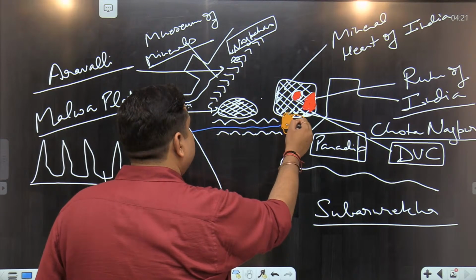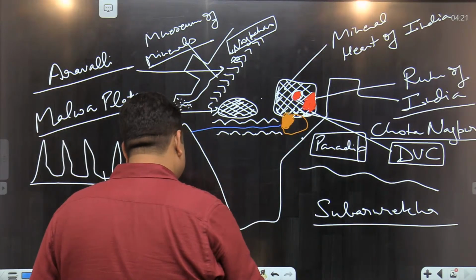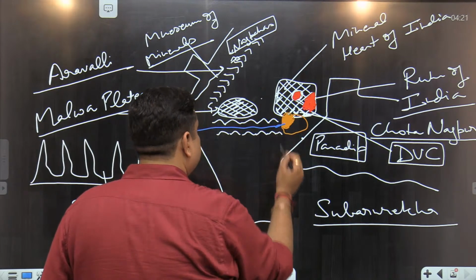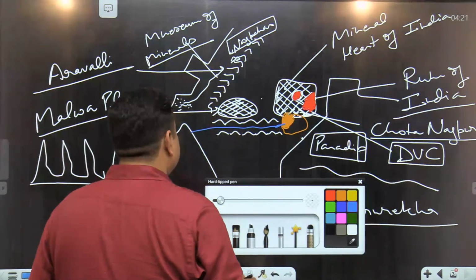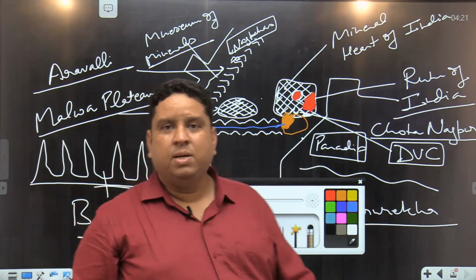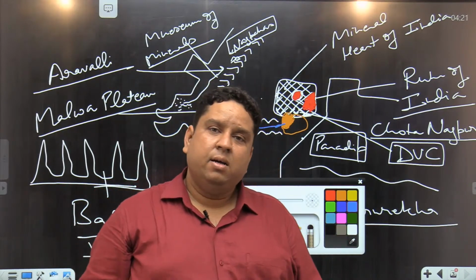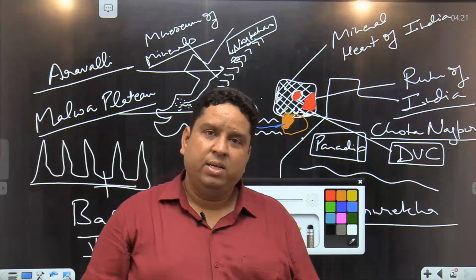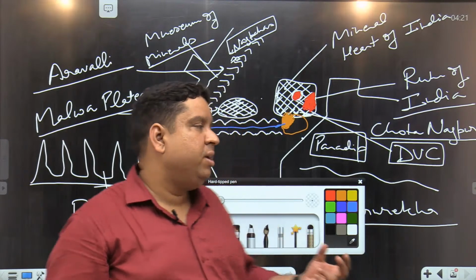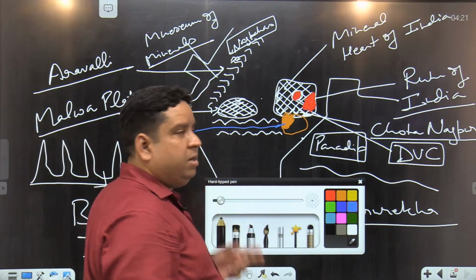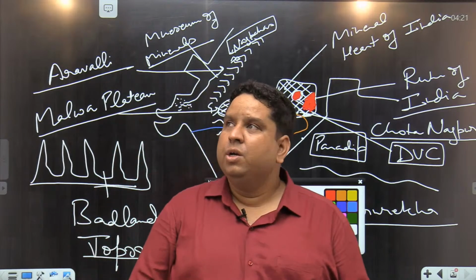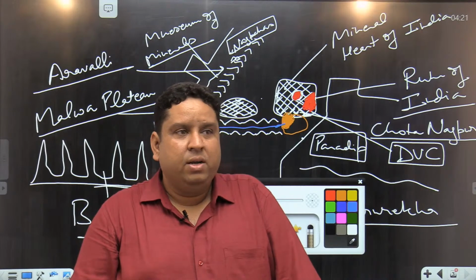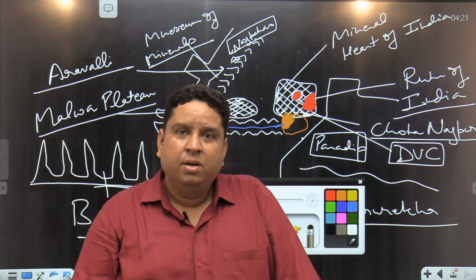Amarkantak is mainly located in the Chhattisgarh region. The Narmada flows between the Vindhya and Satpura mountains. These are basically block mountains, and between them is a rift valley through which the Narmada river flows. So you can say that the Narmada river flows through a rift valley.